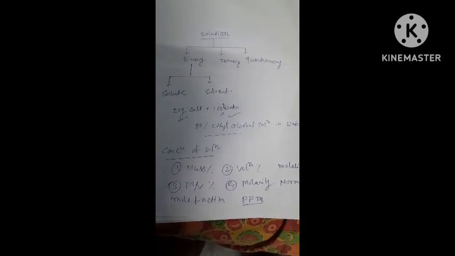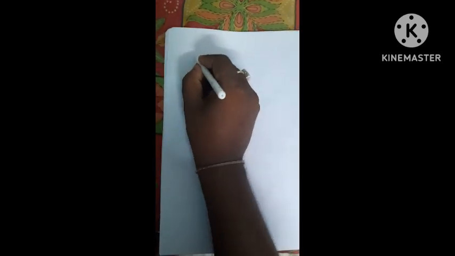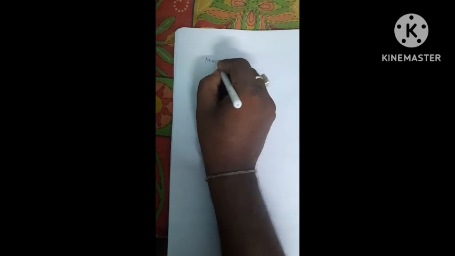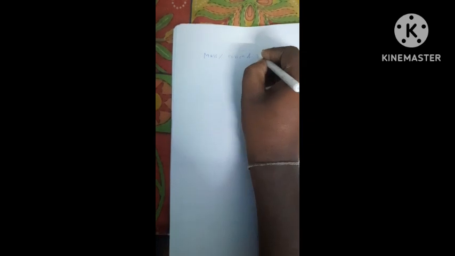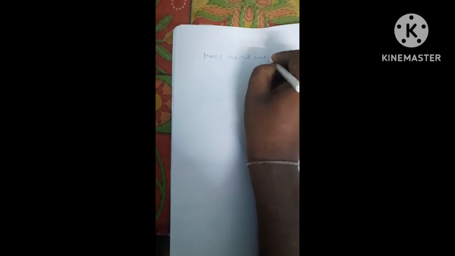Okay, so what is mass percentage concentration? Mass percentage concentration of solution, it means the mass of solute which is present in 100 gram of solution is known as mass percentage concentration of solution.